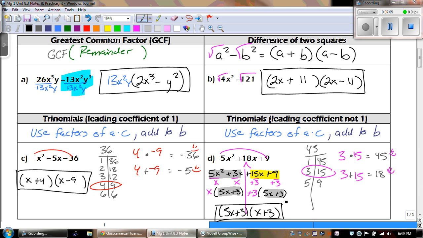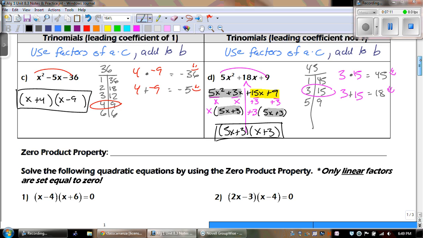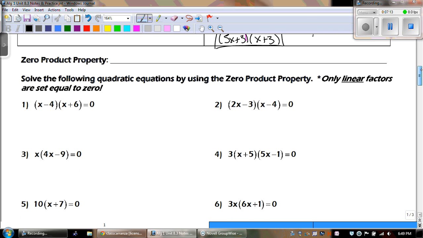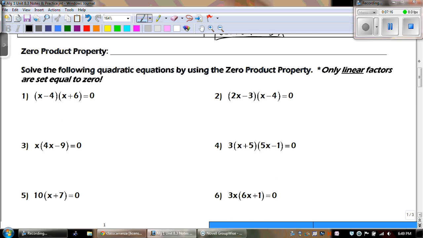So all of that should have been a review for you guys. Now, let's scroll down. The zero product property states if you have two numbers, a times b, and they equal 0, well, if that's true, anything times 0 is 0, right?